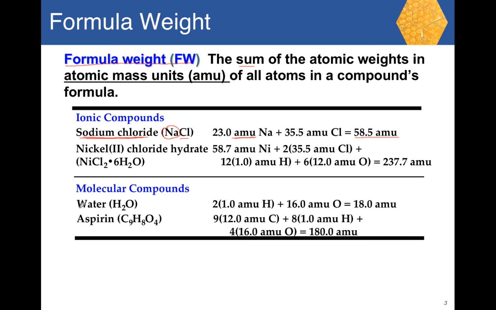Another example here is water. It's 18 AMU, so you add 2 hydrogens and 1 oxygen, or the atomic weights of these, and you get 18.0 AMUs. Aspirin, which of course we're all familiar with, if we have a headache, that's what we take.